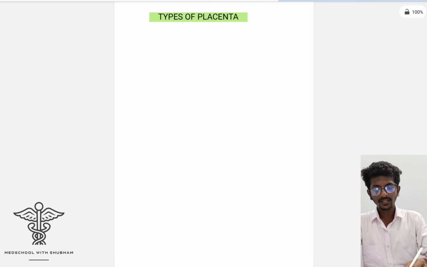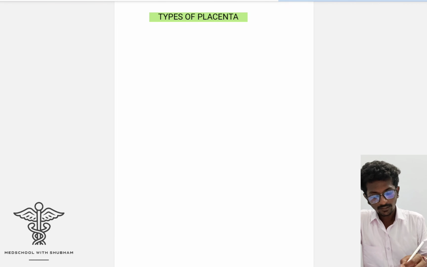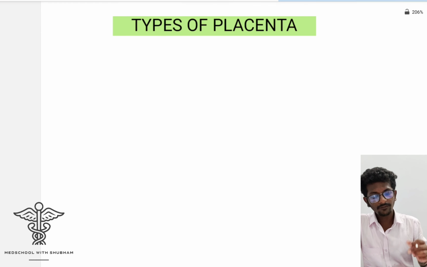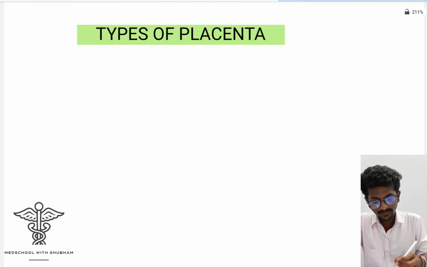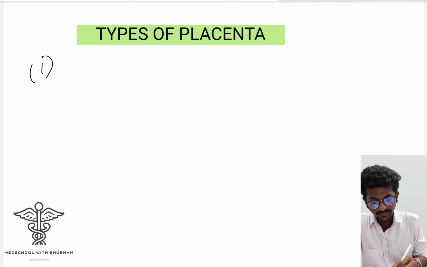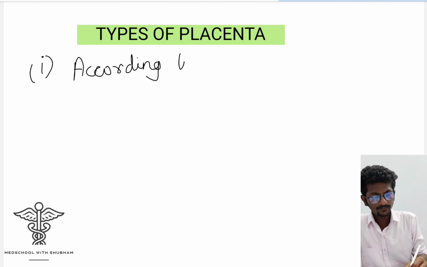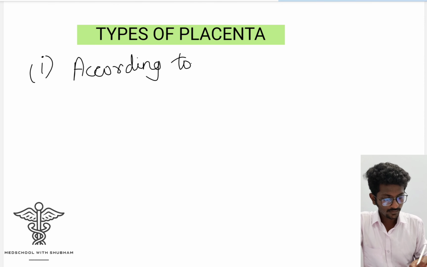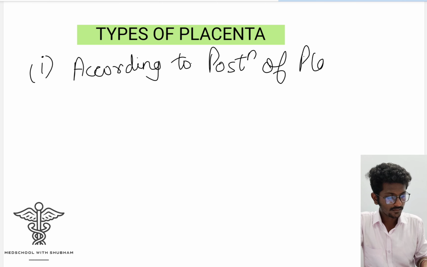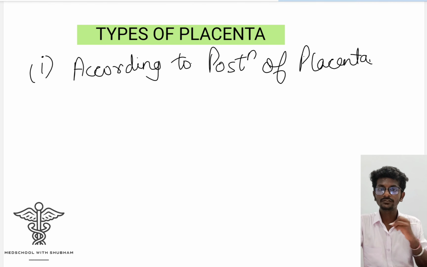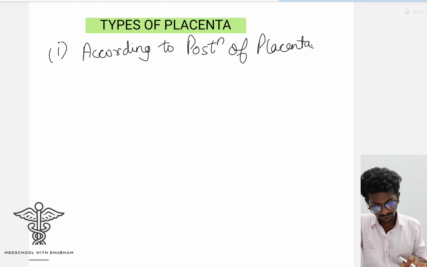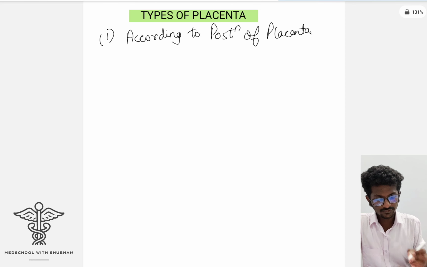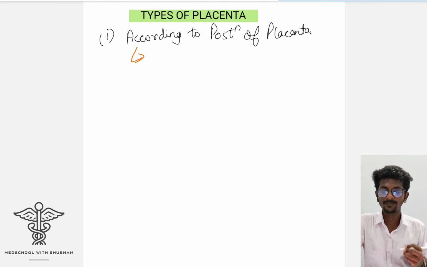So now we will be learning about the types of the placenta. We will be learning the types of placenta under three criteria. The first criterion is according to the position of the placenta. According to the position of the placenta, there are two types of placenta.